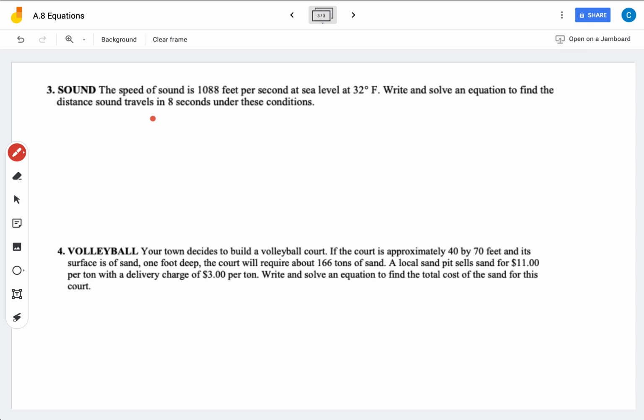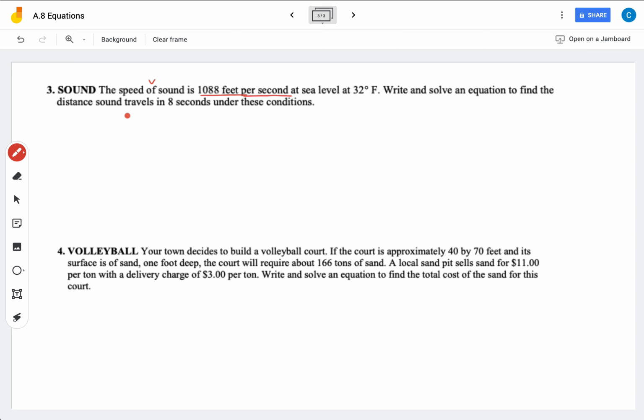And then I'm going to leave the next two for you guys to do. Pretty simple, but I'll set up the equation for you for this one. The speed of sound, we're going to call that V, is 1,088 feet per second at sea level, 32 degrees Fahrenheit.